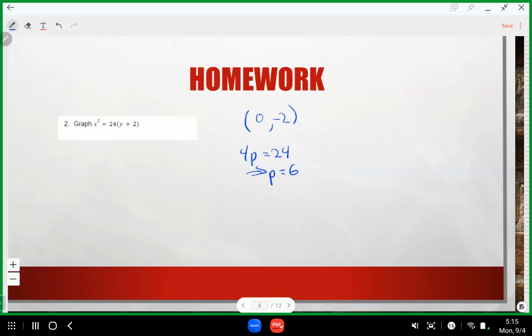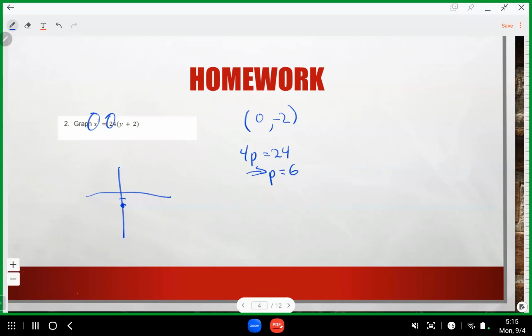Right. So if we have the vertex here at 0, -2, p is 6. So which way does the graph open up? You can see since x is squared and 4p here is positive, then we can see that it is opening up.